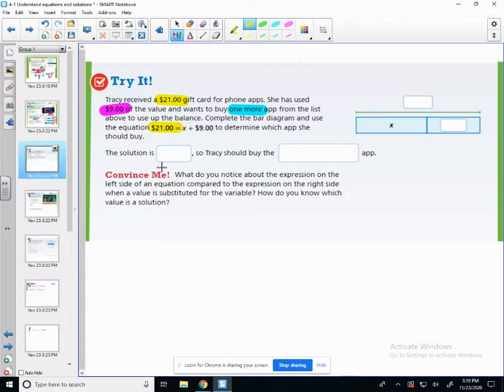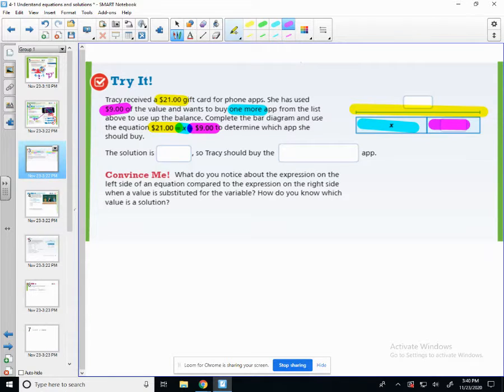I'll make it in colors for you so that it matches. So our total, $21, should equal that one app plus how much she already spent. And we're going to make it match over here too. This is my $21. This is how much I have left. And this right here is how much I spent.